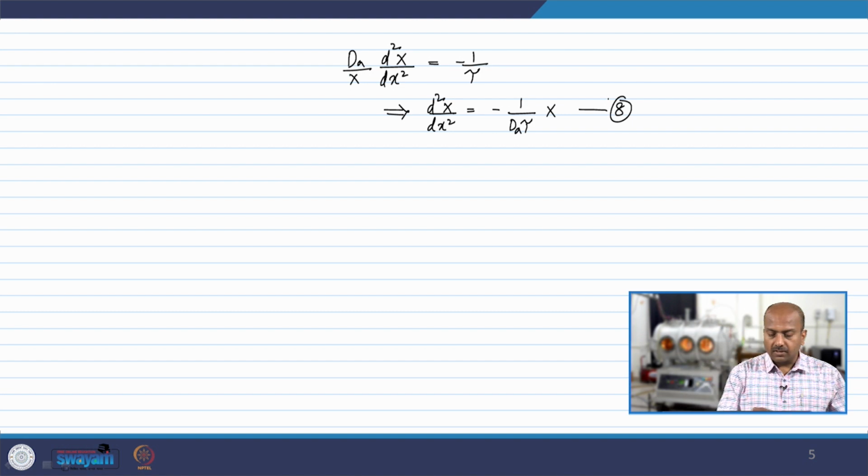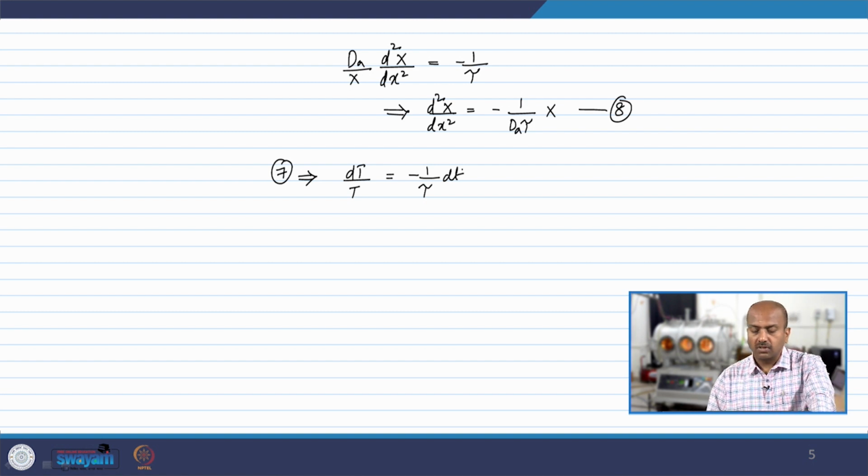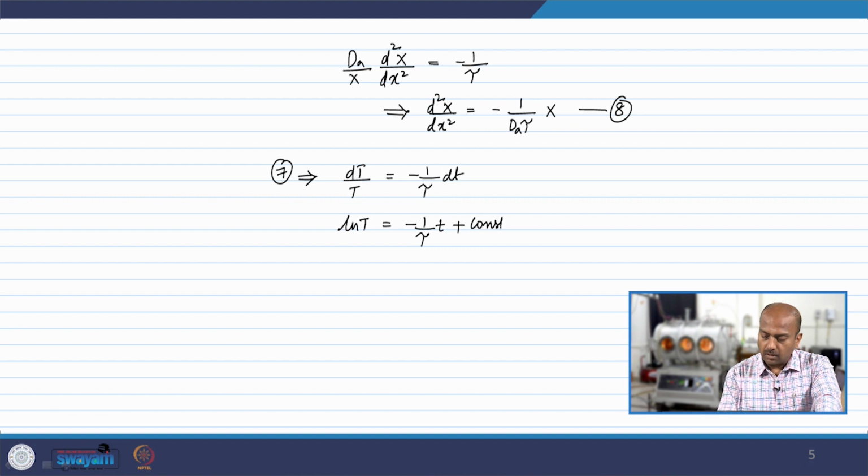Now, let us try to solve these equations. From equation number 7, we have dT by T is equal to minus 1 by tau dt. If we integrate both sides, we have ln T is minus 1 by tau t plus a constant.